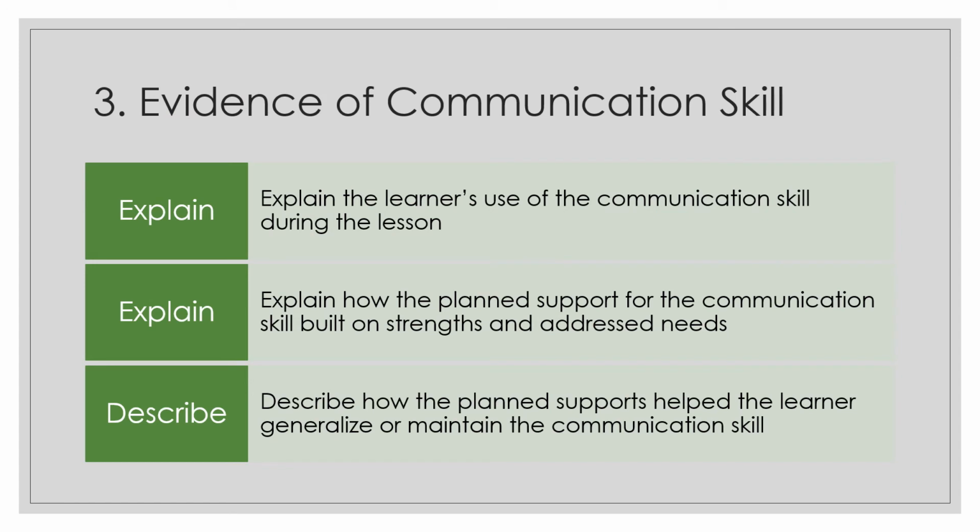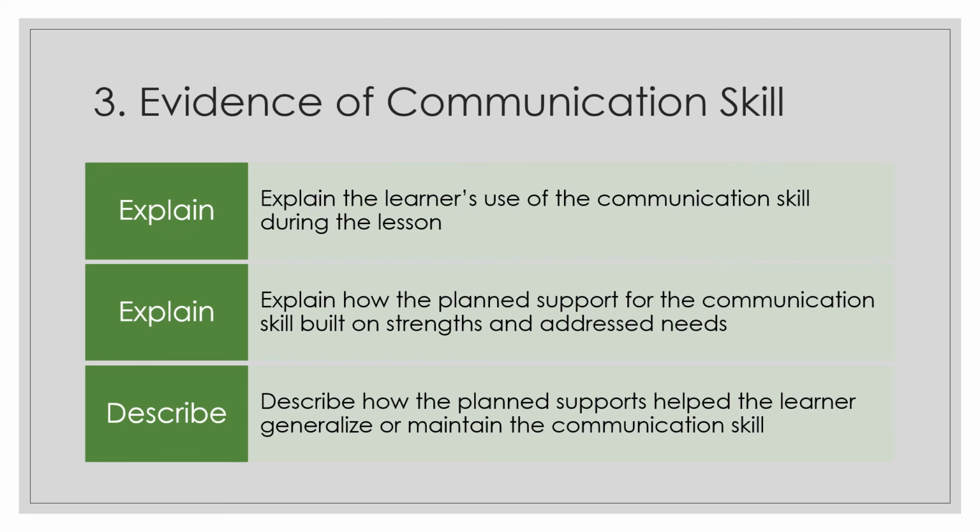Number 3 is the evidence of the communication skill. So explain the learner's use of the communication skill during the lesson, describe how they used it, and then explain how the planned support for the communication skill built on strengths and addressed needs. If you'll remember in task 1, they asked you how you were going to support the communication skills, and you had to describe the planned supports you were going to use.